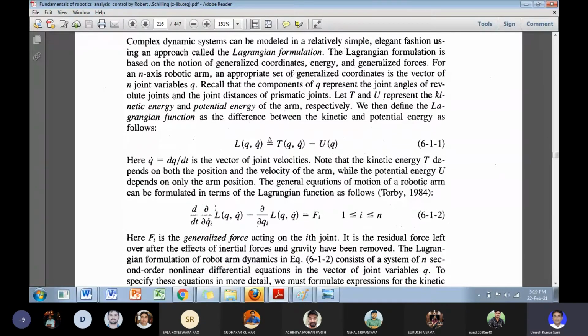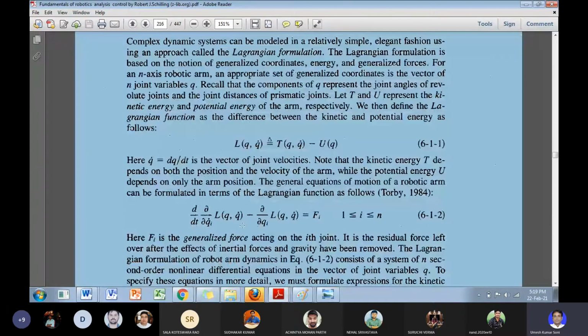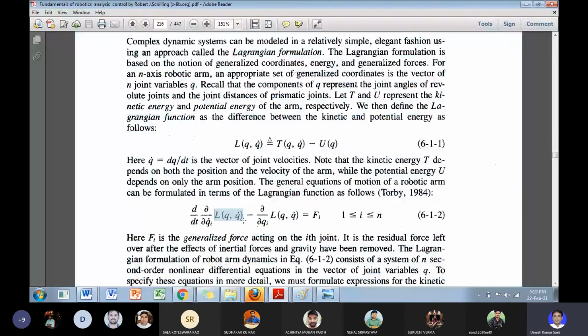We use the partial differentiation of this Lagrangian function with respect to joint positions, and the time derivative of the partial derivative of the Lagrange function with respect to joint velocities. So the total force acting on the ith joint is defined by the difference of these two terms.